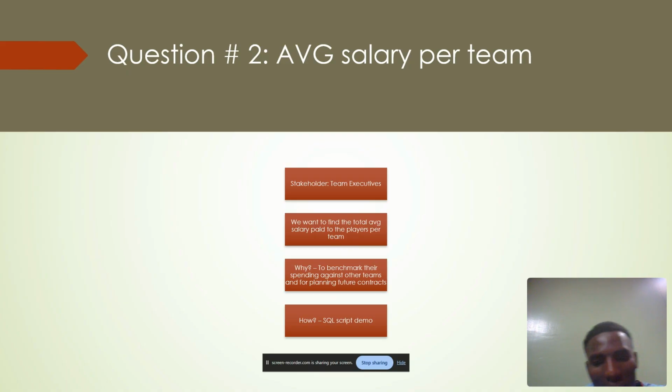The reason for that is to benchmark their spending against other teams and for planning future contracts. For that, you use the SQL script demo to perform these tasks and provide the answer to the question of finding the total average salary per team.